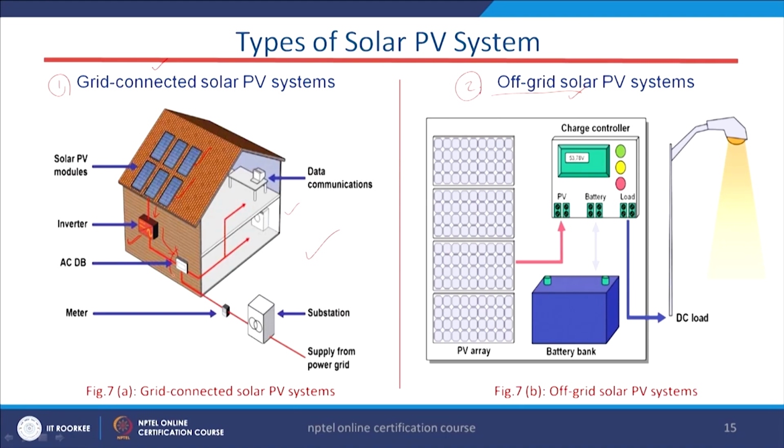This is our board where we get the AC power, and this AC power goes to our respective loads installed inside our home. We can also go for further data communication using monitoring systems or sensors, which will sense the AC power and send it to other devices, or other nearby homes, or to other places where we require the information.